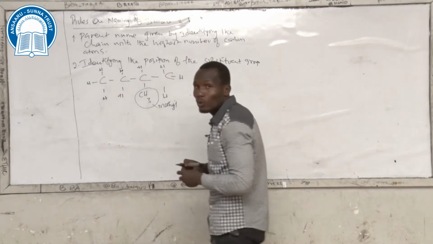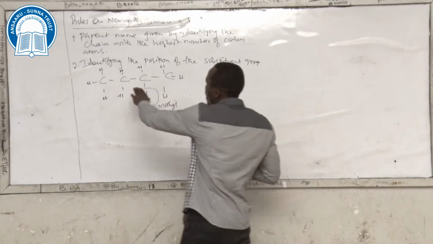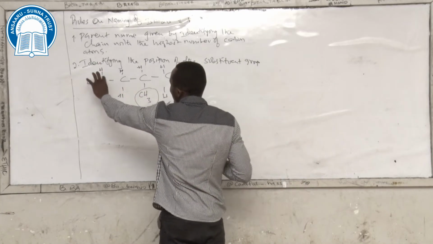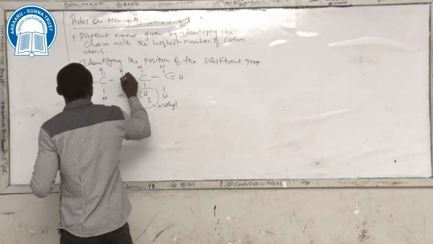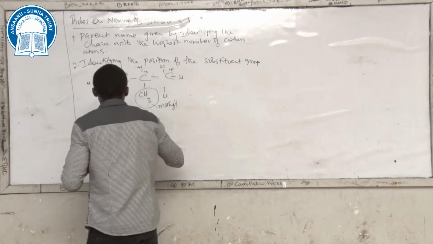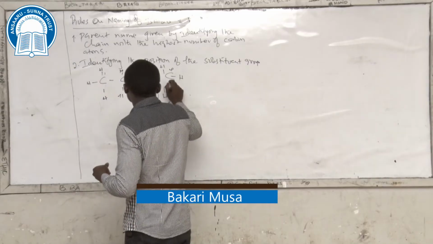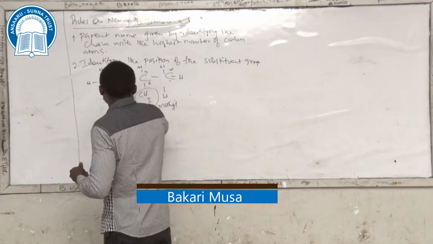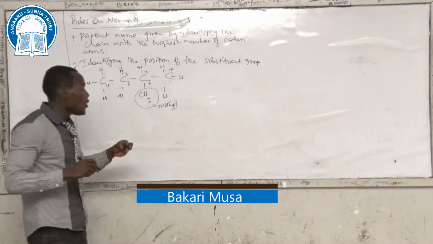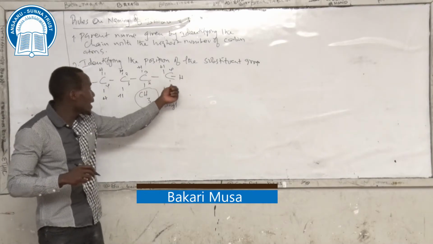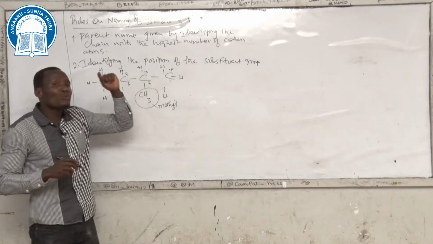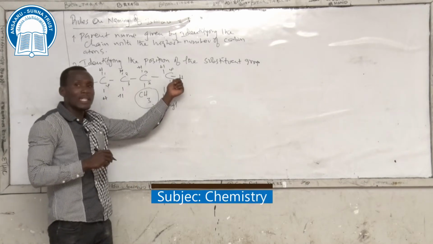Now when it comes to naming, if we start naming the carbon atoms from this end, it will be position 1, position 2, position 3, position 4. And if we start from the other end, it will also be position 1, 2, 3, and 4. Therefore, we find that the substituent group, which is a methyl, is nearer to this carbon atom if we start naming from this end.